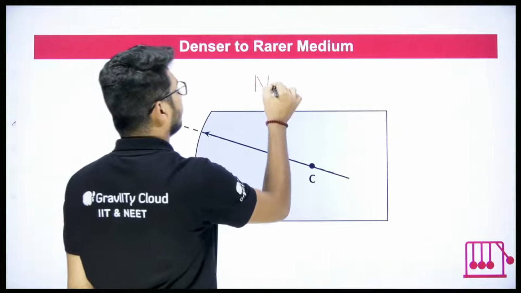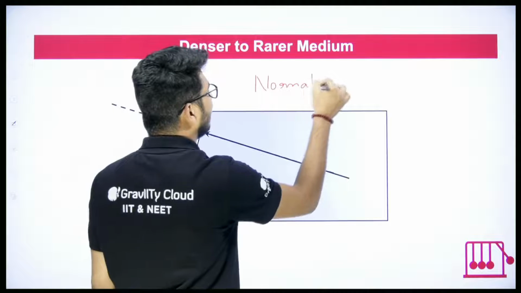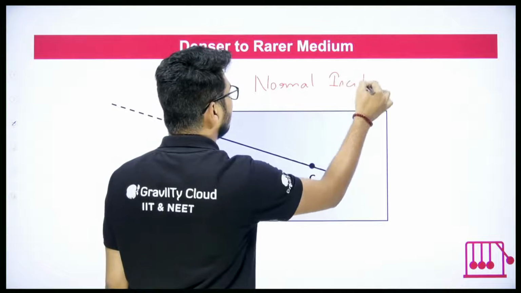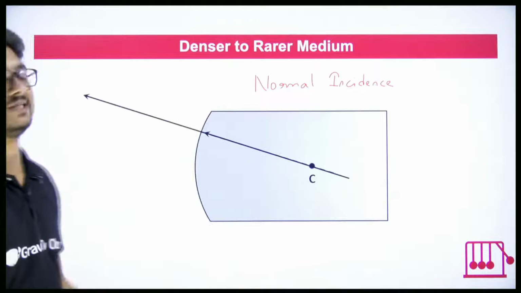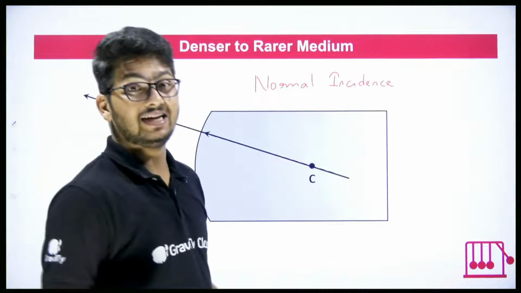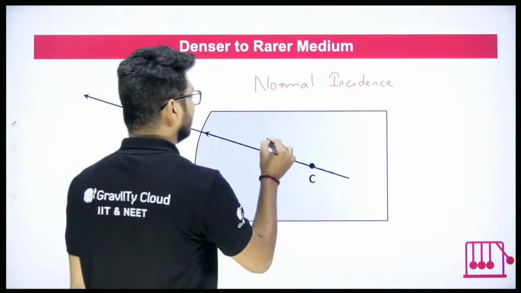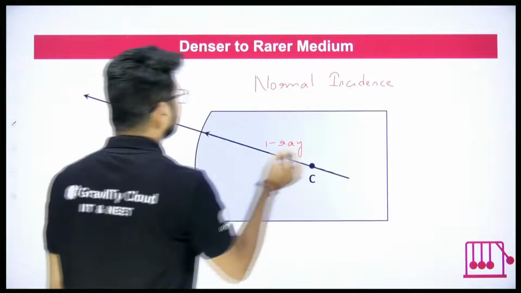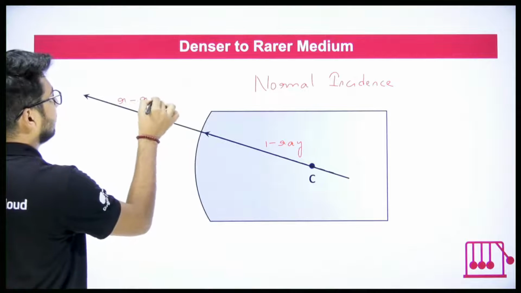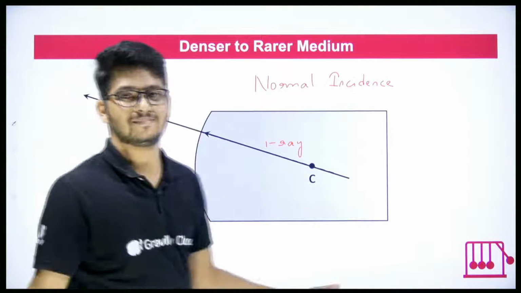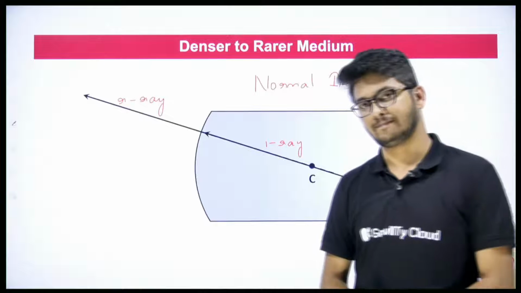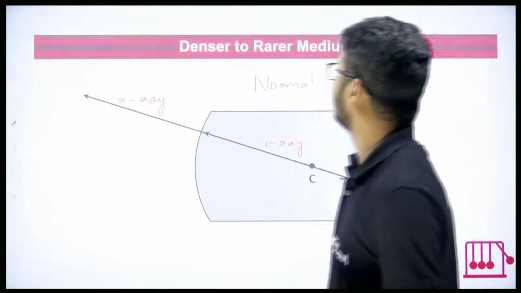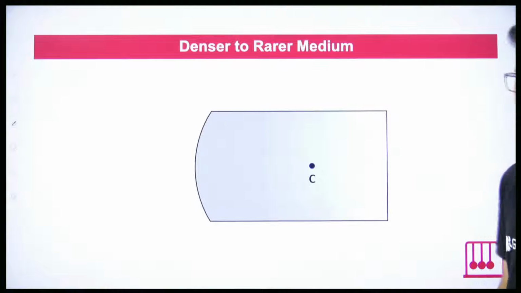It is the case of normal incidence. And in normal incidence, you need not worry about anything, because the ray directly passes through without any deviation. So this is the incident ray and this is the refracted ray. That's it. Good? Okay. Then, other examples.